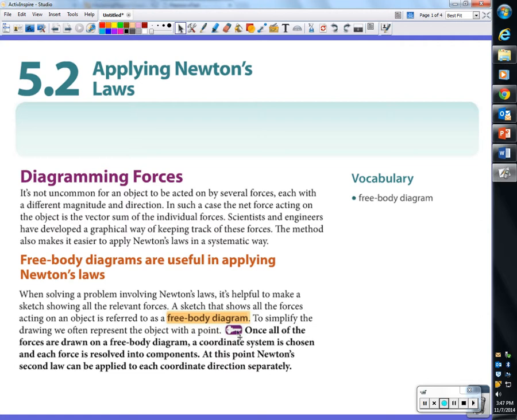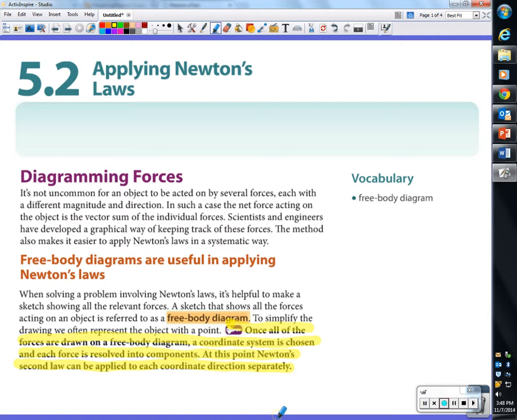Down at the bottom, the key point to this first part of section 5.2 says, once all of the forces are drawn on a free body diagram, a coordinate system is chosen, and each force is resolved into components. At this point, Newton's second law can be applied to each coordinate direction separately.